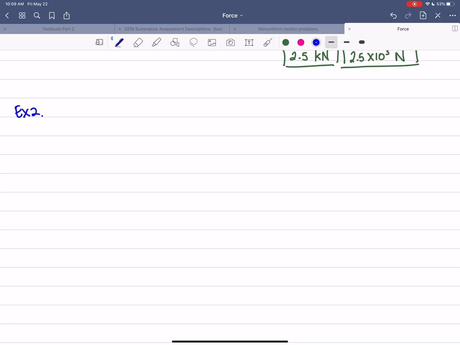So we're going to have, what is the mass of a crate that weighs 450 newtons?